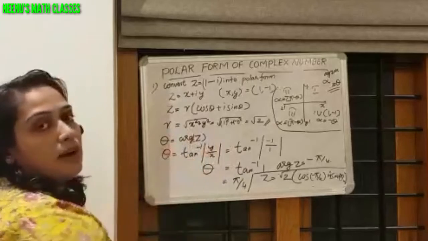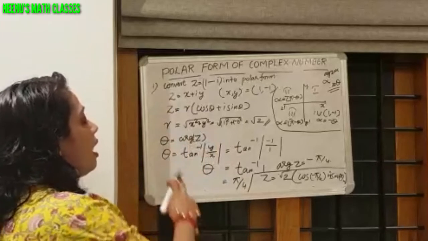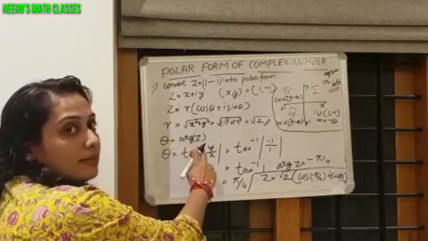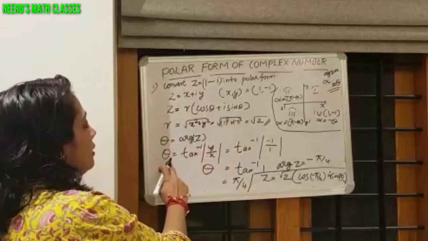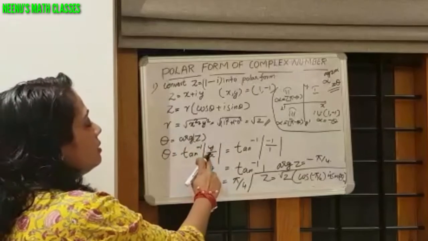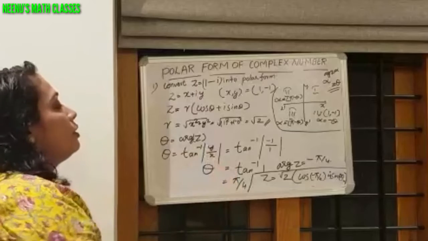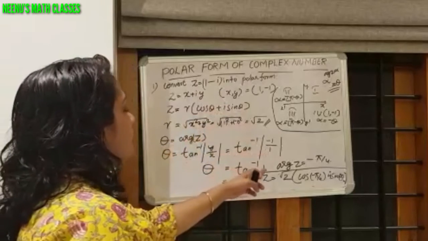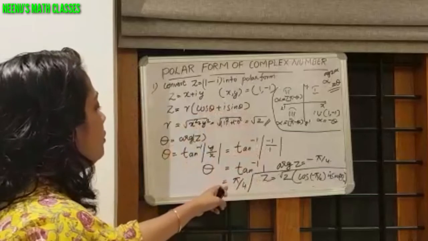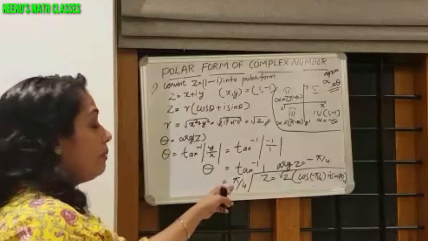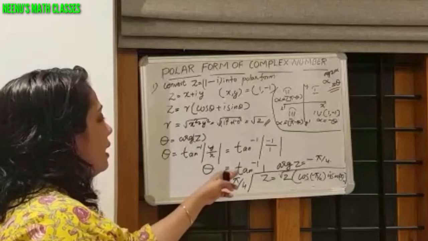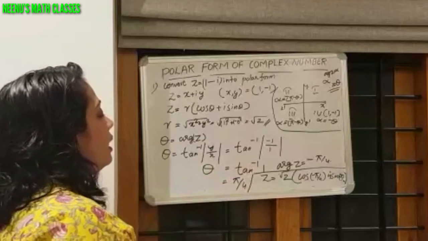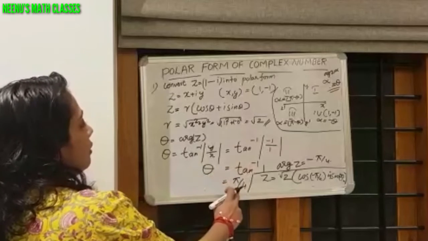Now we want to find theta. Theta equal to the argument of z. What is the equation? Theta equal to tan inverse of mod y by x. So tan inverse, what is y, minus 1, mod 1. We get tan inverse of 1, which is equal to pi by 4. Now we got theta equal to pi by 4.